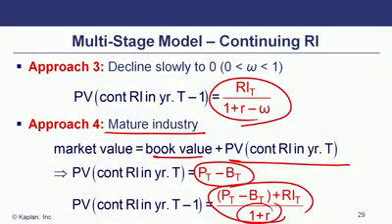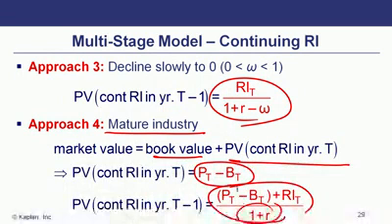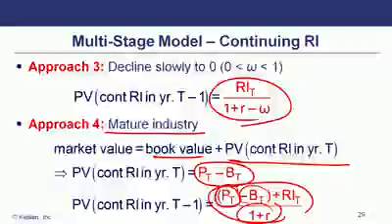Think about this as discounting that last value in this multi-stage residual income. Make sure you're focusing on this last formula, because some people may mistake this for a terminal value. But notice what it's doing. It also subtracts out book value, right?